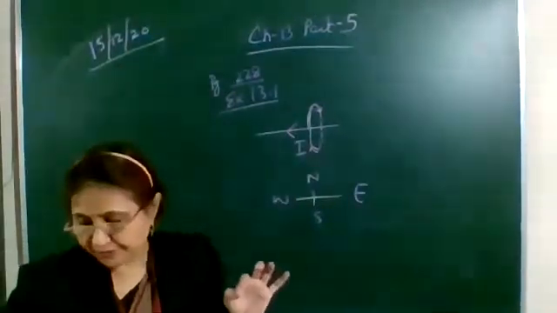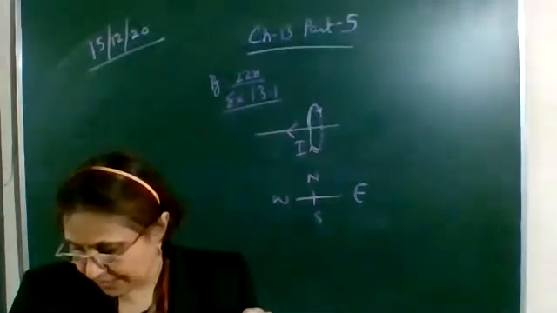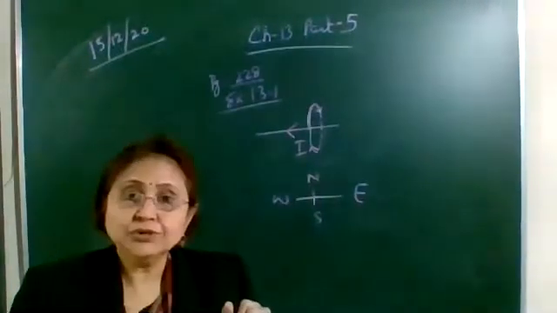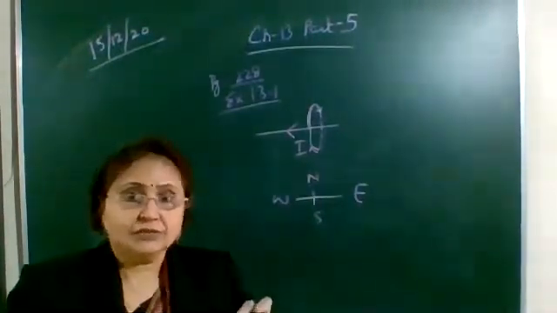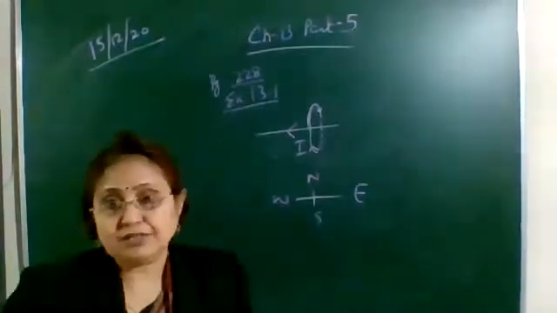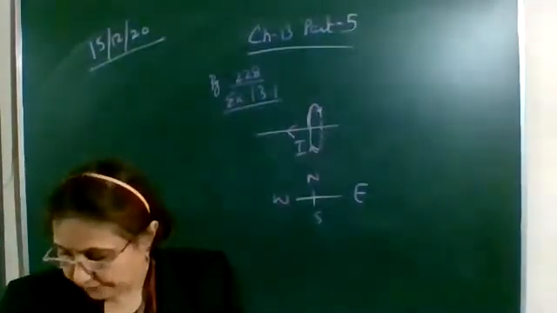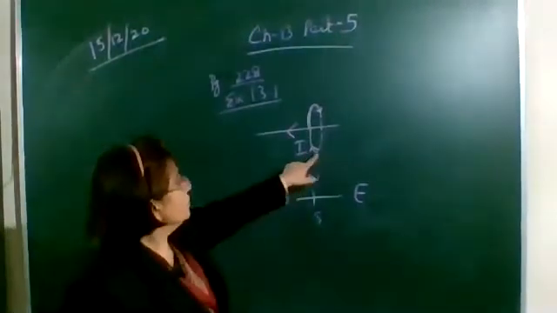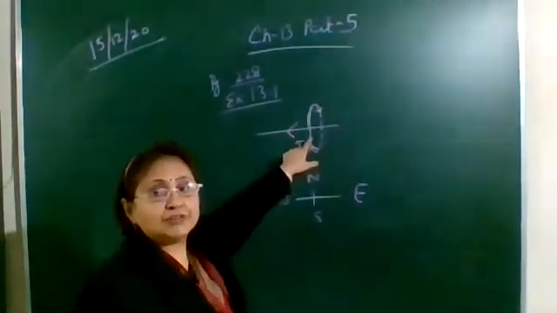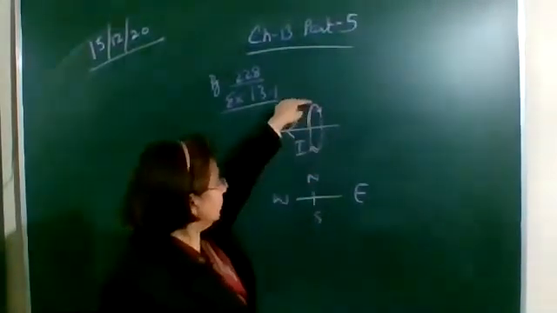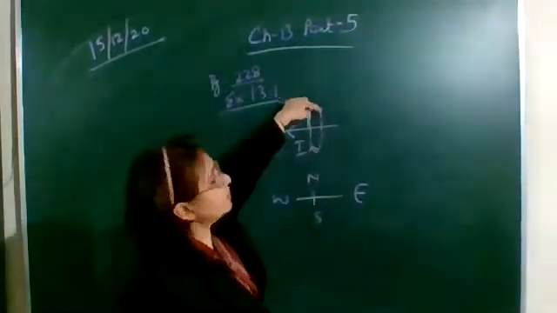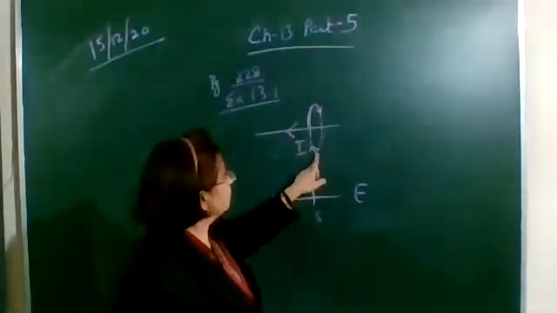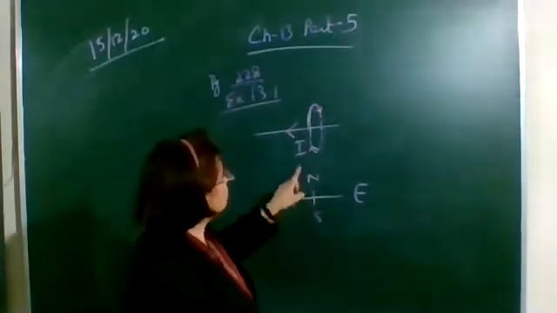At any point, to find the direction of the magnetic field, you draw the tangent, which gives the direction of the magnetic field. So below it the field goes from north to south, and above it the field goes from south to north.